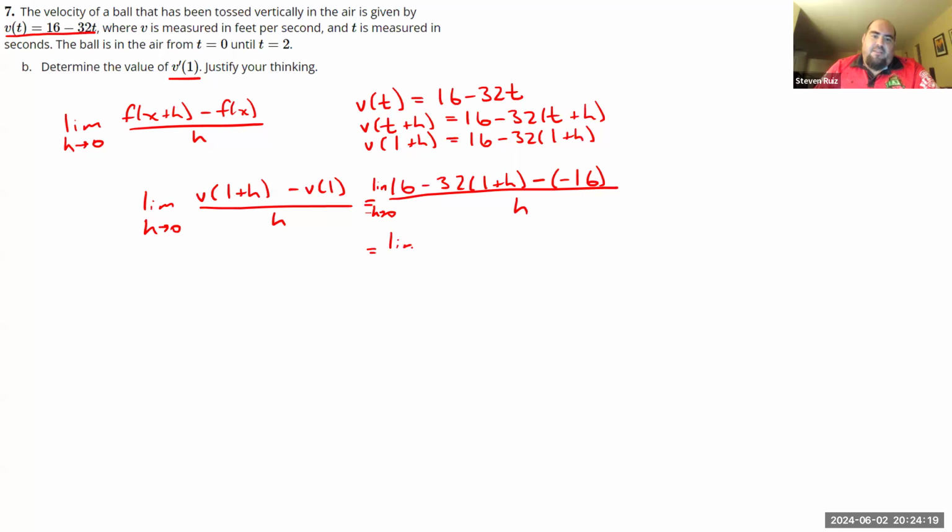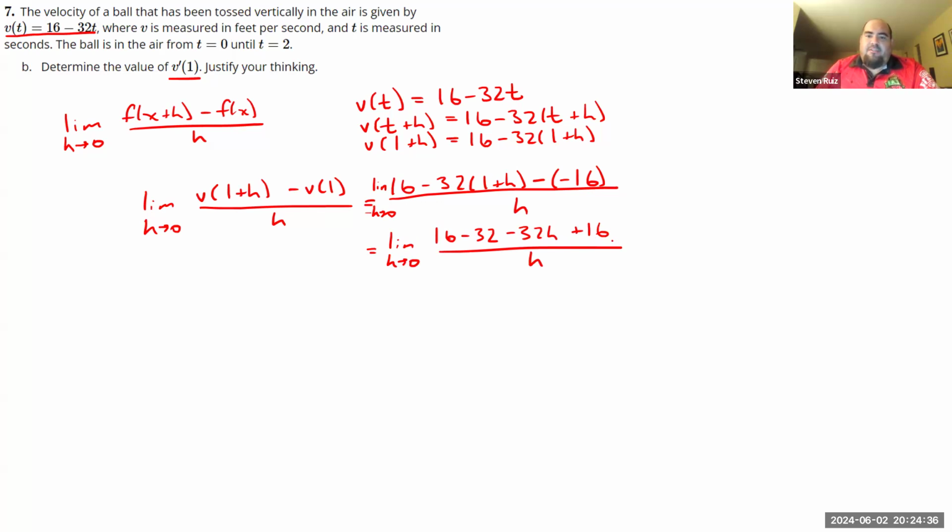So let's keep evaluating this limit to find this derivative. Let's expand some of these brackets. So I get 16 minus 32 minus 32h plus 16, all over h.